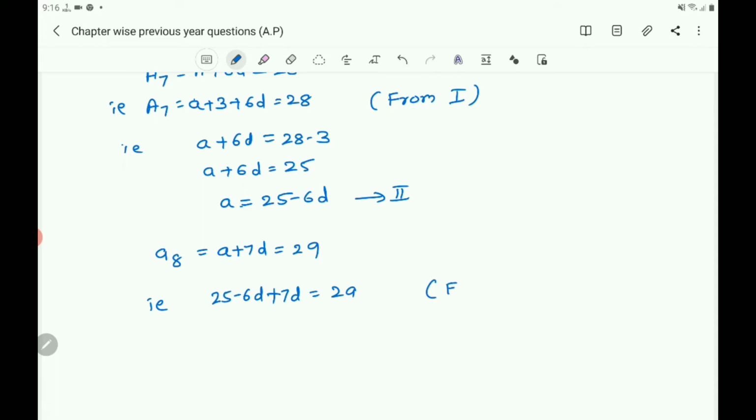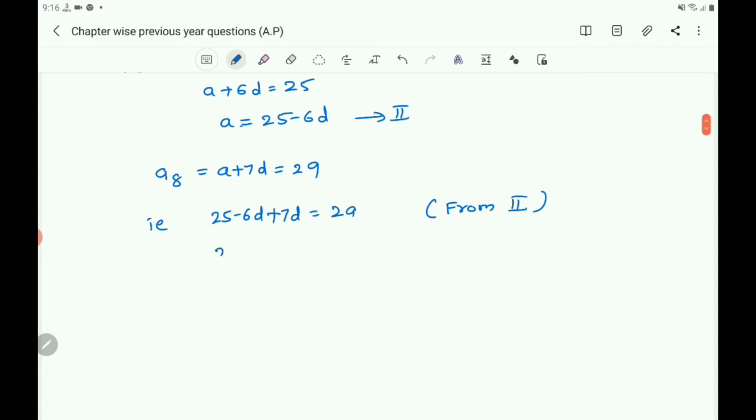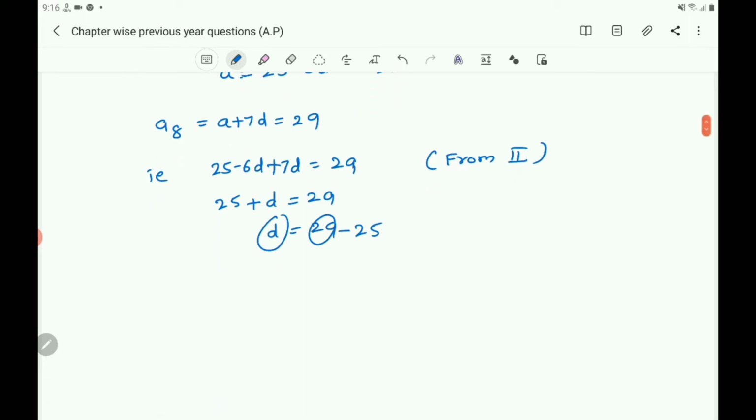That becomes 25 plus d equals 29, since 7d minus 6d is d. Transfer 25 to the RHS, that becomes minus 25. So d equals 29 minus 25, which is 4.